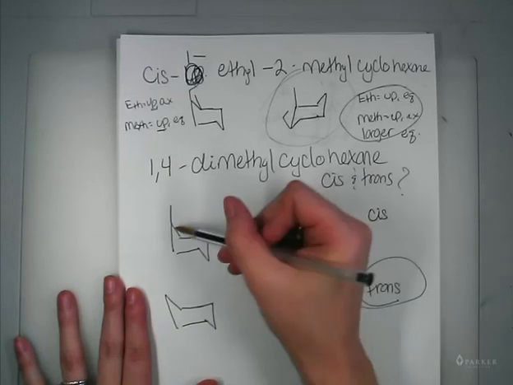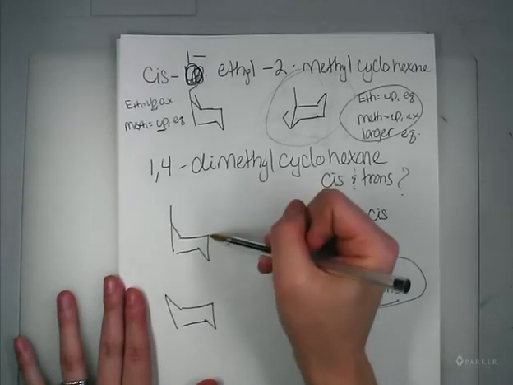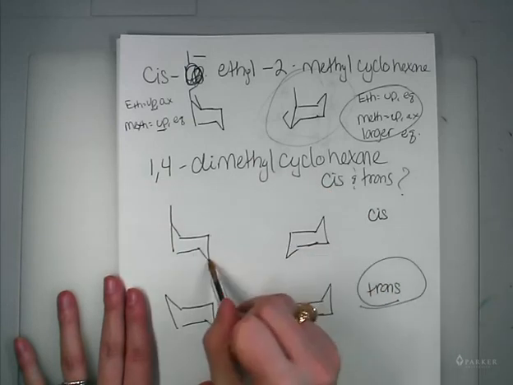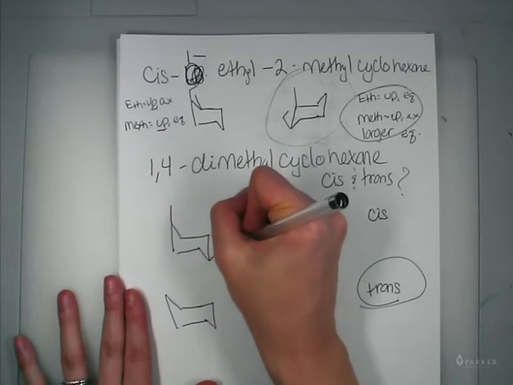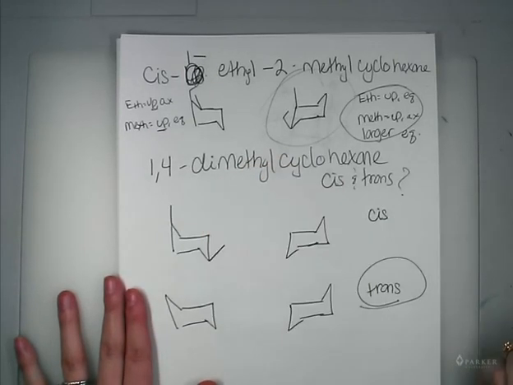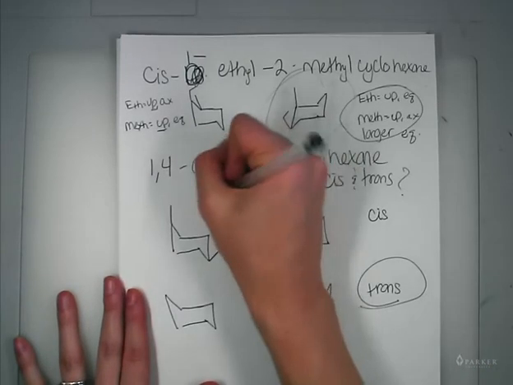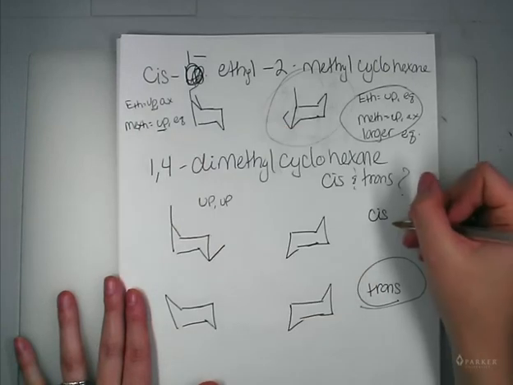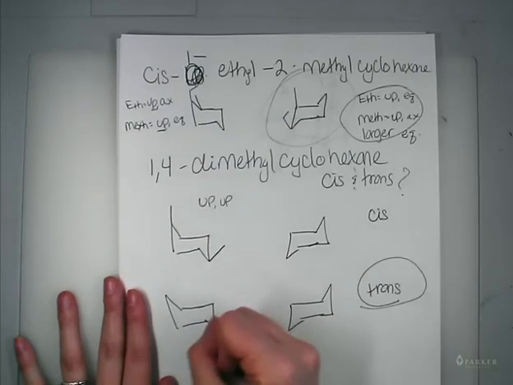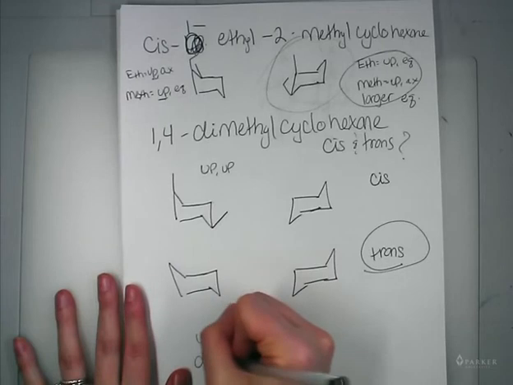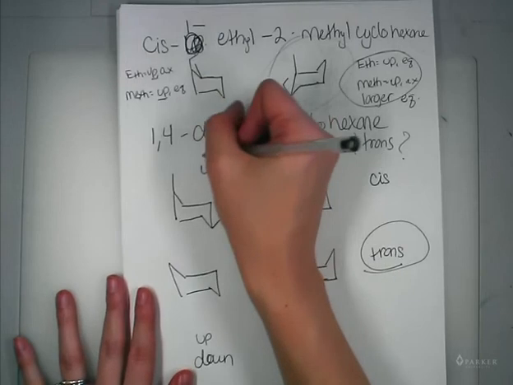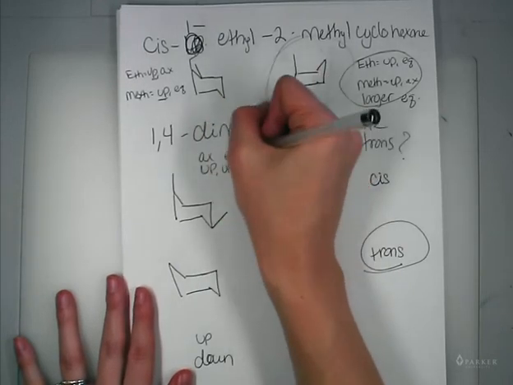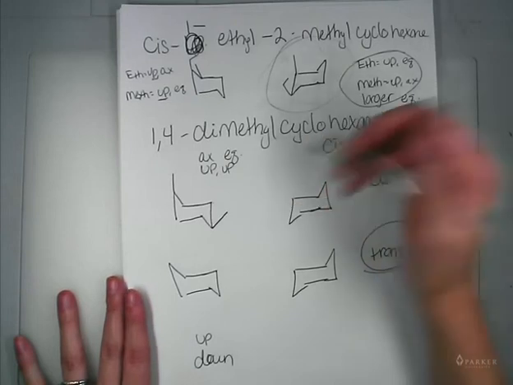axial, right? Then 1, 2, 3, 4. What is this? Yeah, up equatorial. And so this up tells us cis. And so the trans will end up being up, down, always. So we have an up axial and an up equatorial.